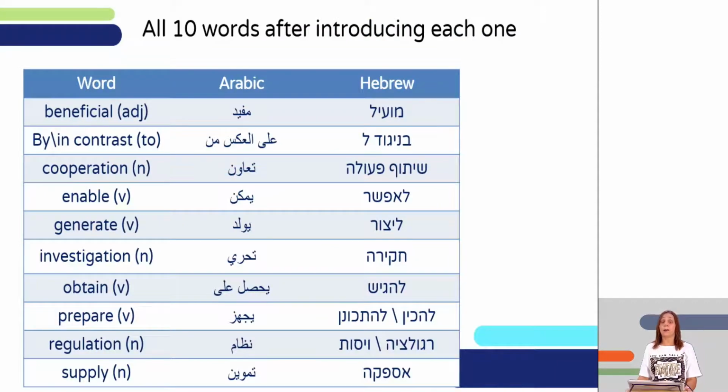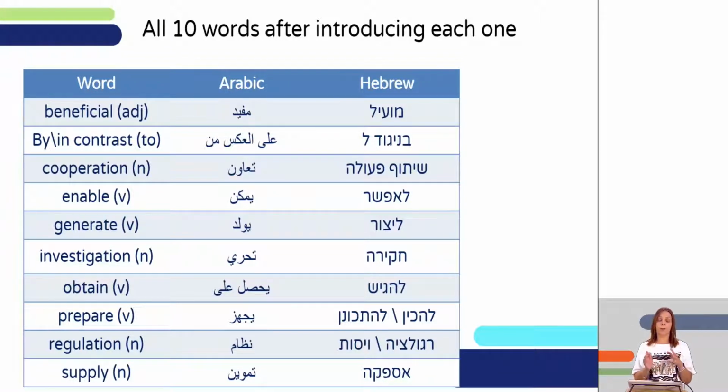So now we are ready to go over the 10 words again, just to remember. If you look at the table here, I'm not going to read the Arabic nor the Hebrew translations, but you can see the word, and you can see what part of speech it is, and then you can see the translation in Arabic and the translation in Hebrew for you.